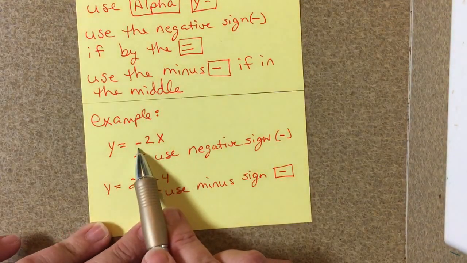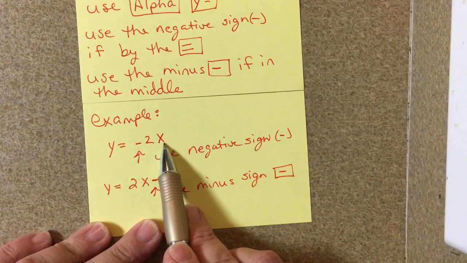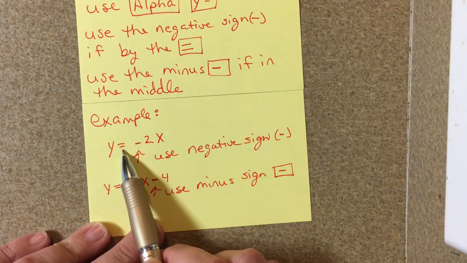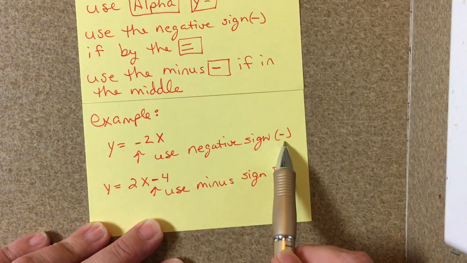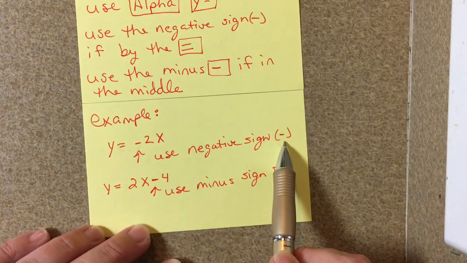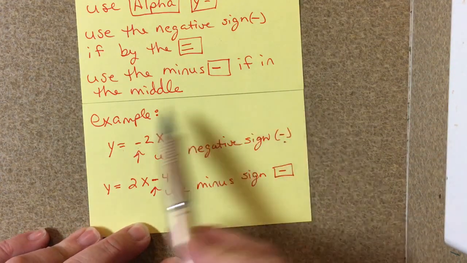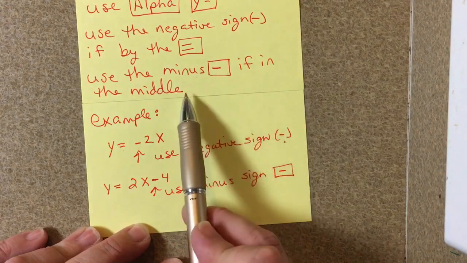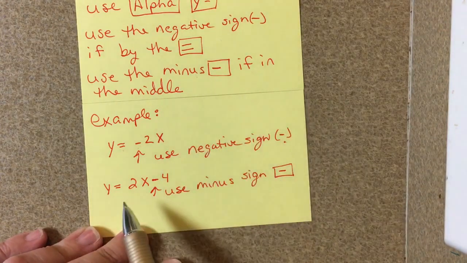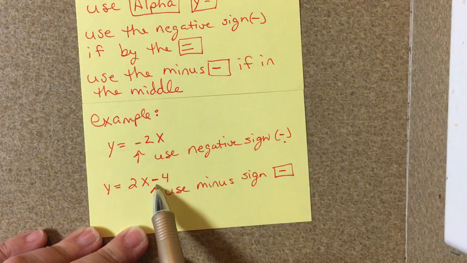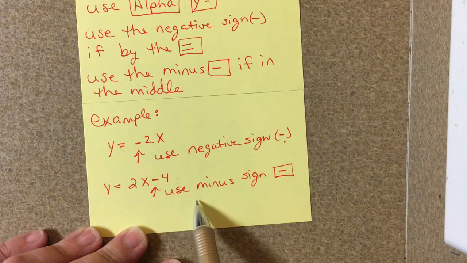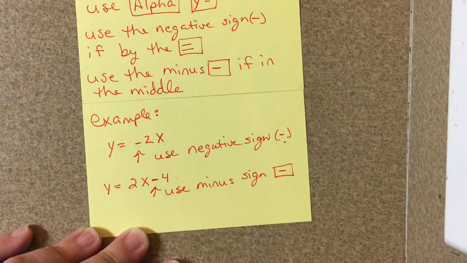So for example, right here, negative 2x, because that negative is right by that equal sign, we're going to use the negative, which is at the bottom underneath the 3 key on your calculator. We're going to use the minus sign if it's in the middle of the expression. So 2x minus 4, since this is in the middle, we're going to use the minus sign, which is right below the multiplication sign.